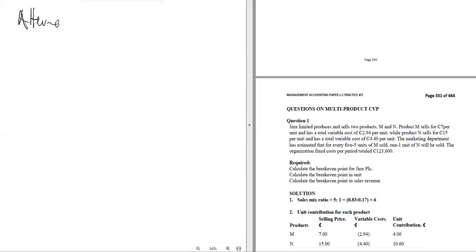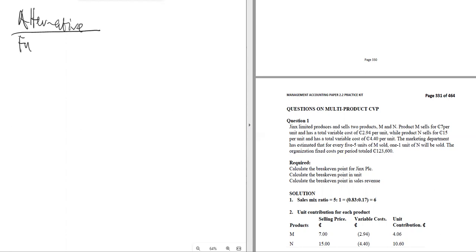Okay, so for the alternative method, the first thing I need to do is to get my CS ratio. How do you get your contribution to sales ratio? I need a weighted average contribution to sales ratio. So first of all, let's get the contribution, then we can get contribution to sales ratio.